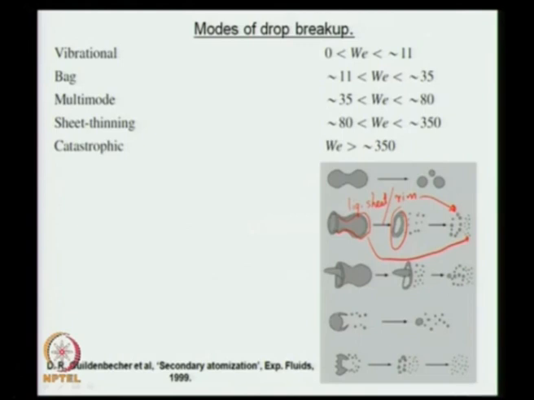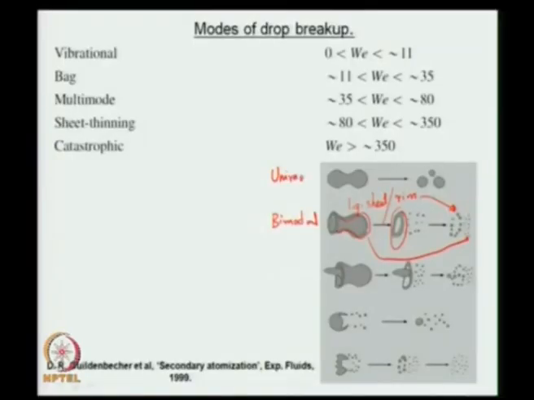Okay. And the result is that in this particular case you are more likely to get a bimodal distribution of droplets from a single droplet breakup event, because they are originating from two different physical processes.